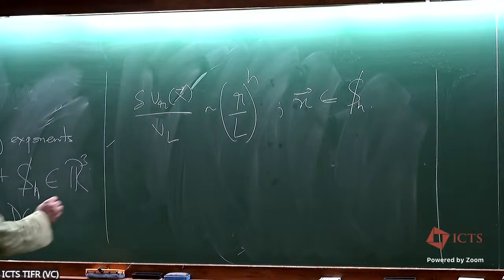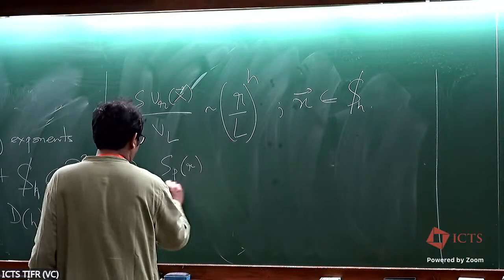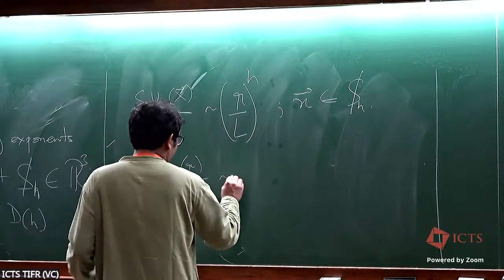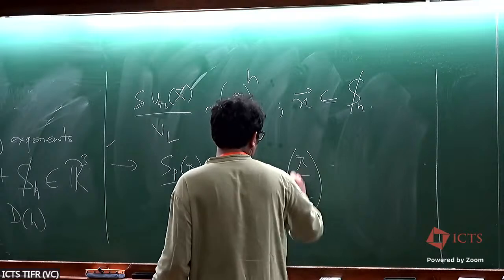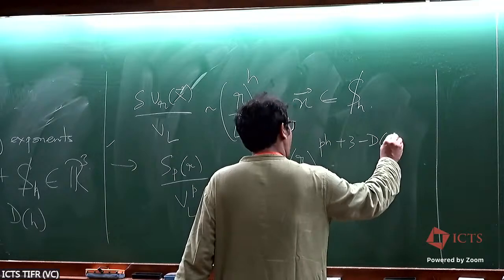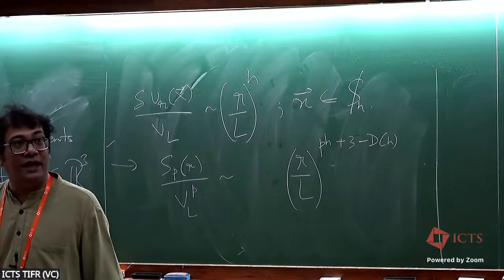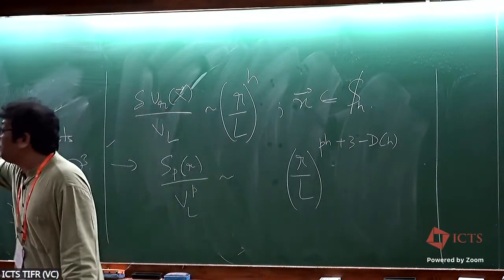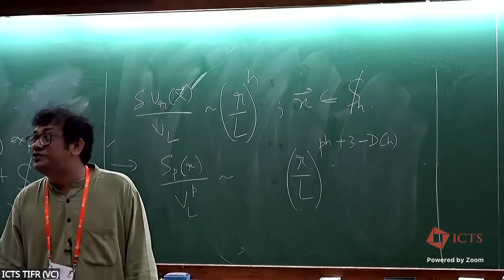And now, not surprisingly, I can write the structure function SP of R. I'll just write it in dimensionless form. This will go as R by L, right? This is what we had all the time. Now, if I have a continuous spectrum of my scaling exponents H, it's a little awkward to sum over all of them.